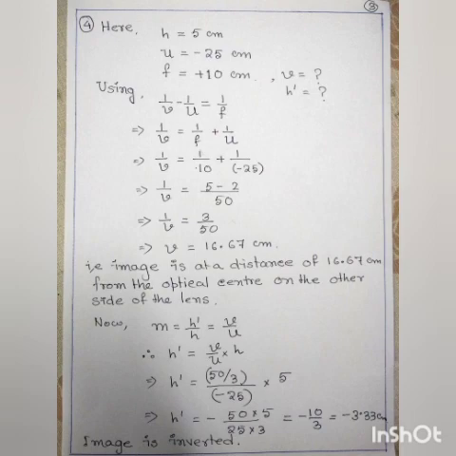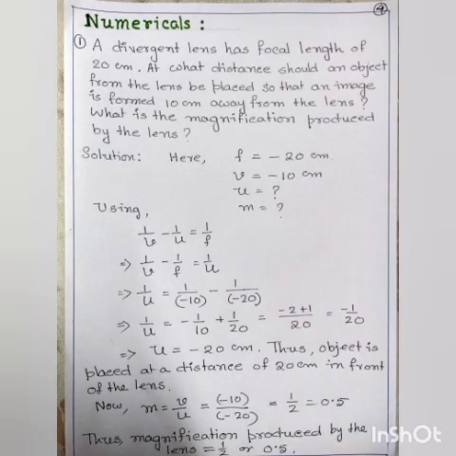Now substitute all the variables. H prime we will get minus 10 by 3, that is minus 3.33 centimeter. So from negative sign we can conclude the height of the image or size of the image is inverted. Image is inverted, so it is minus 3.33 centimeter.